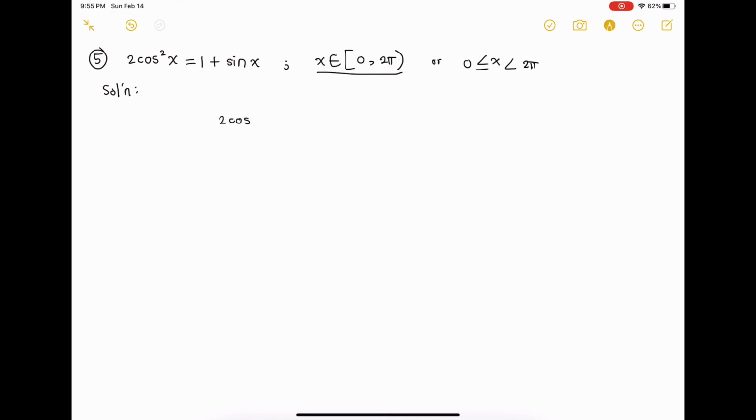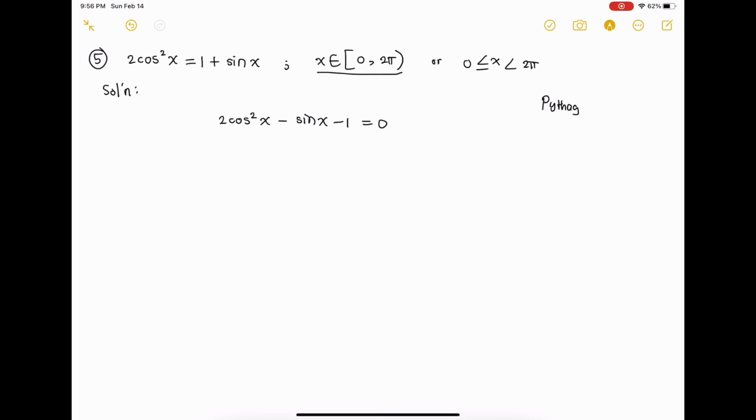We have 2 cosine squared x minus sine x minus 1 equals 0. Now, we need to simplify the cosine squared x such that the uniform trigonometric expression will only be sine x.